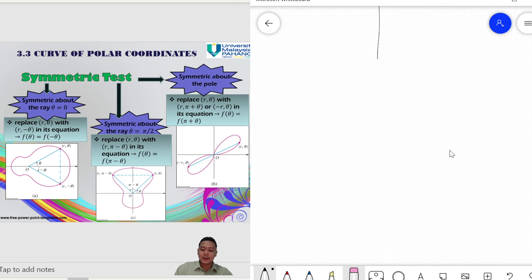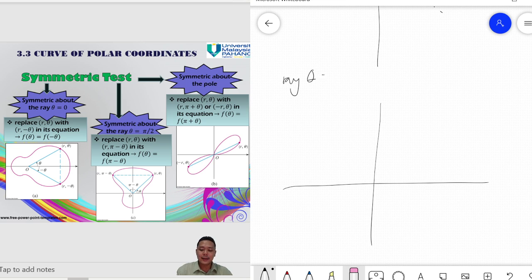Now, let's try to go to the case where ray theta is at the y-axis or ray theta equals to pi over 2. Sekarang ni ray kat sini. And you try to put the theta here, this point. The mirror is at the ray theta pi over 2, the blue color part. So it will be here.